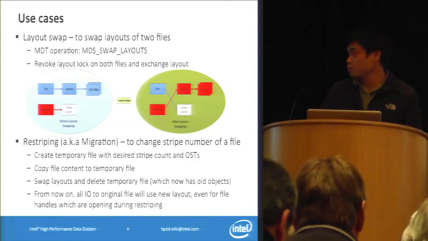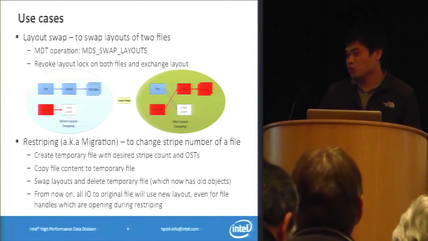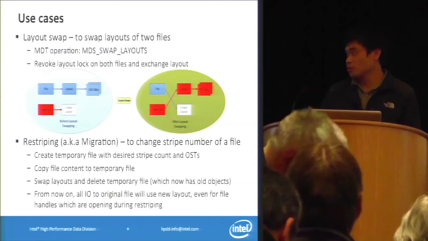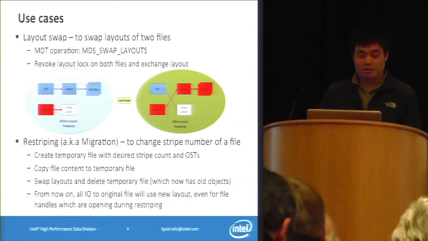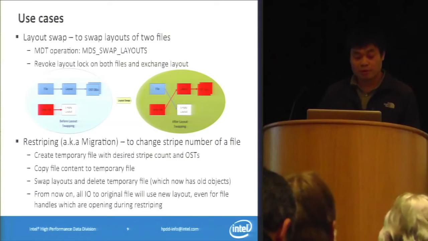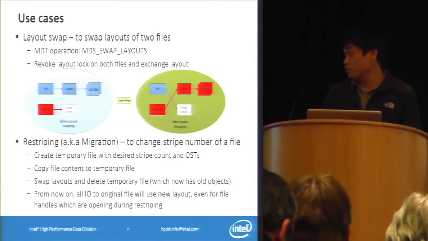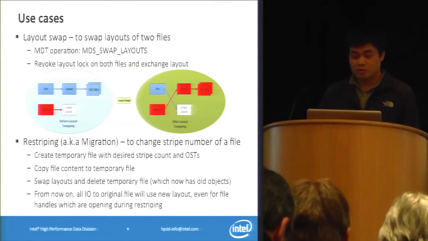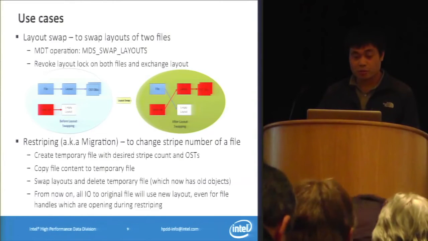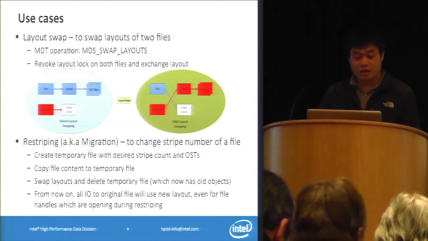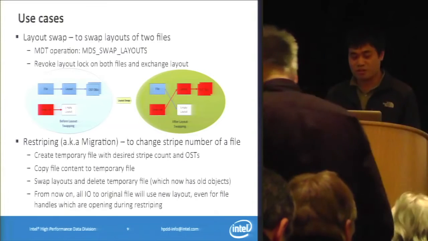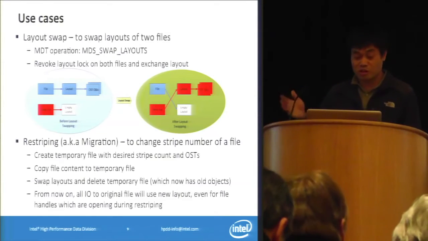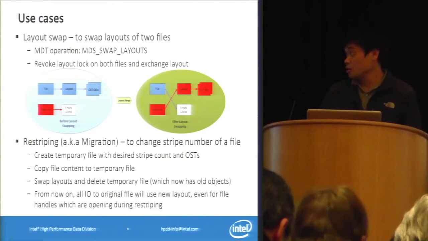The file with the blue block is the actual file which contains your real data, and the file with the red block is a temporary file. Usually this kind of file is created with the desired layout, so that you can change the layout of your original file.